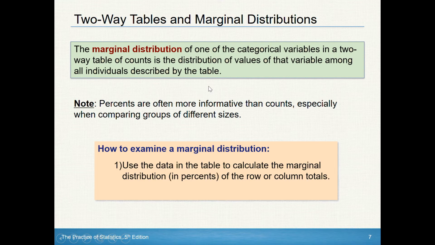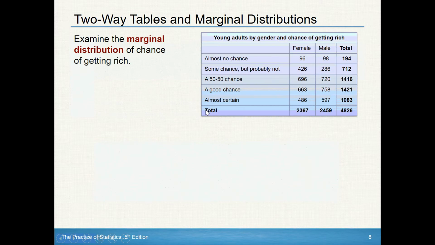So how do we do it? We use the data in the table to calculate the marginal distribution in percents of the row or column totals. Again, you have to read carefully to make sure you understand which variable you're looking at. And then you're going to make a graph to display that marginal distribution, and that graph generally is going to be a bar graph.